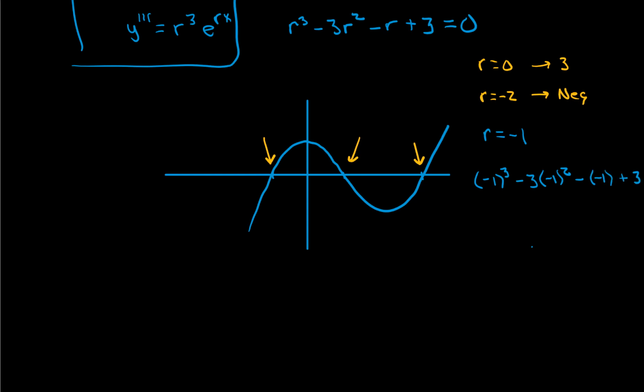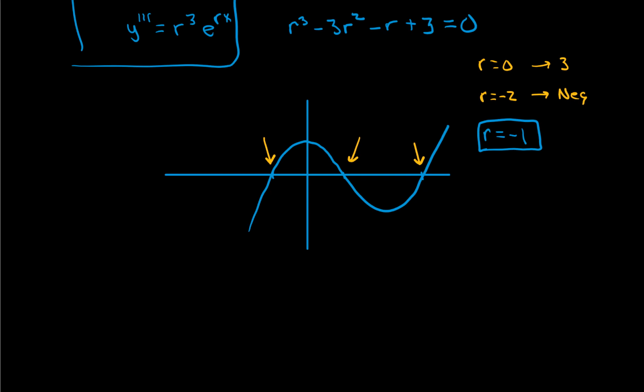So this is going to give us a negative 1, and here we're going to have minus 3 plus 1 plus 3, and sure enough, that equals 0. r equals negative 1 is a root for this particular polynomial. So one of our solutions for this polynomial is going to be r equals negative 1.